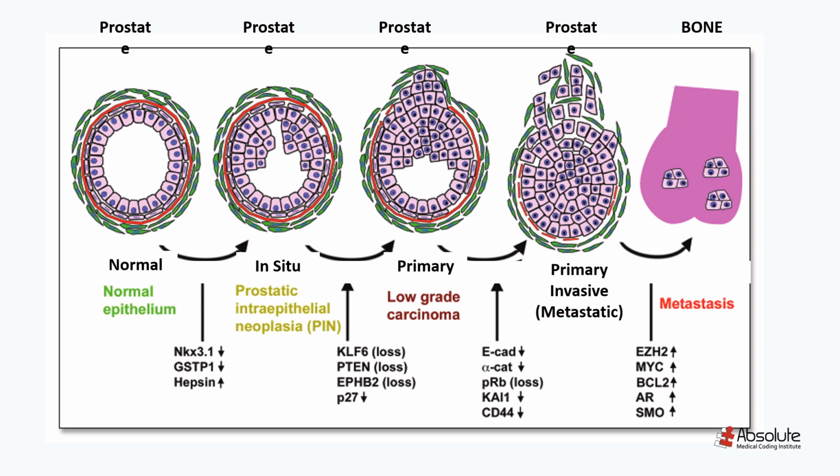Then we move to primary invasive or metastatic cancer. This is what this image is representing. That tumor is kind of losing form, and those cells are migrating to other tissue in the area in the same body system. And this is primary invasive or metastatic cancer.